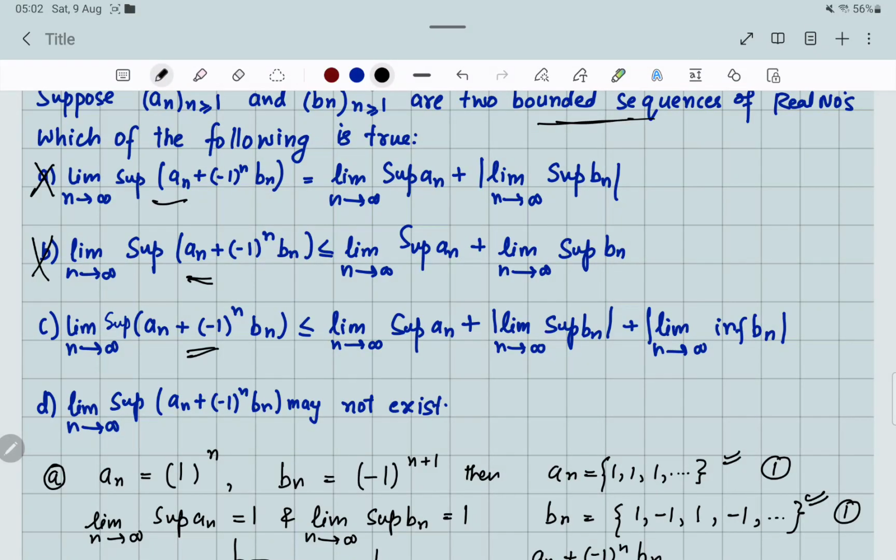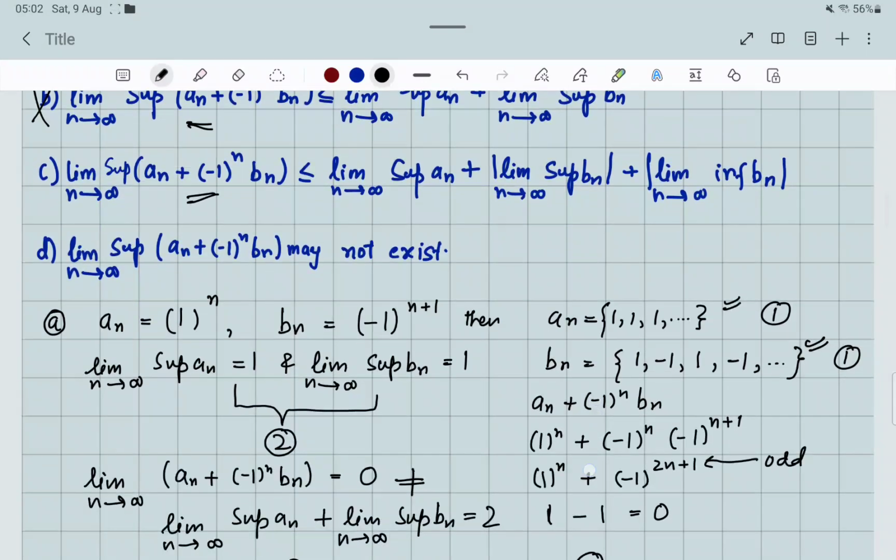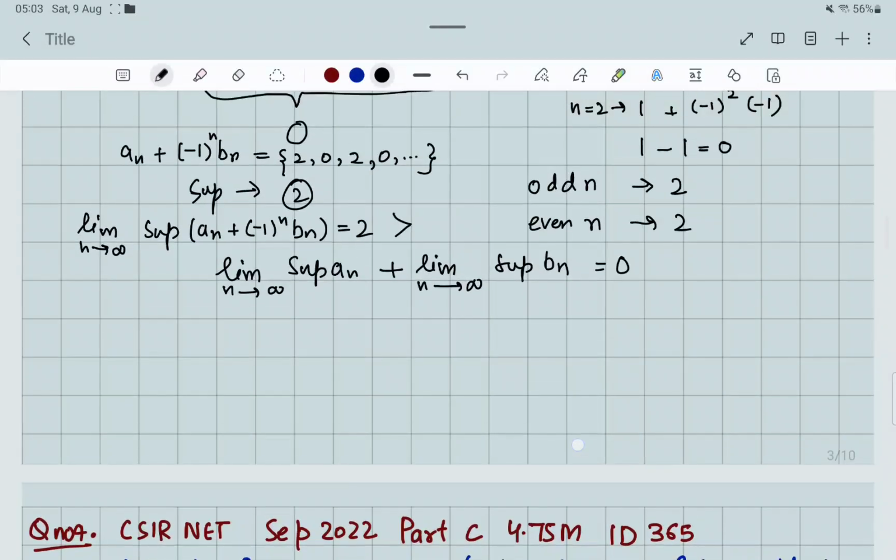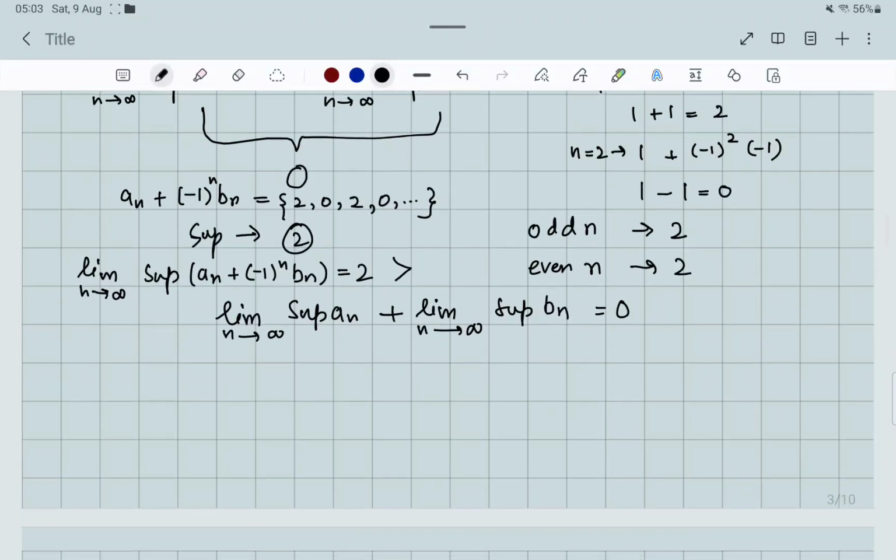Now let's check option D. For option D, what do we have? a_n for n greater than or equal to 1 and b_n for n greater than or equal to 1 are bounded sequences.